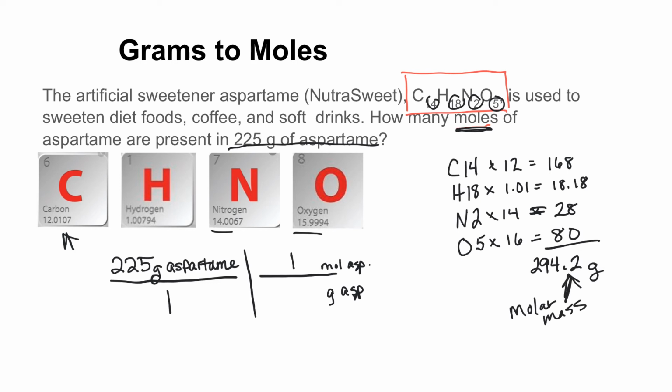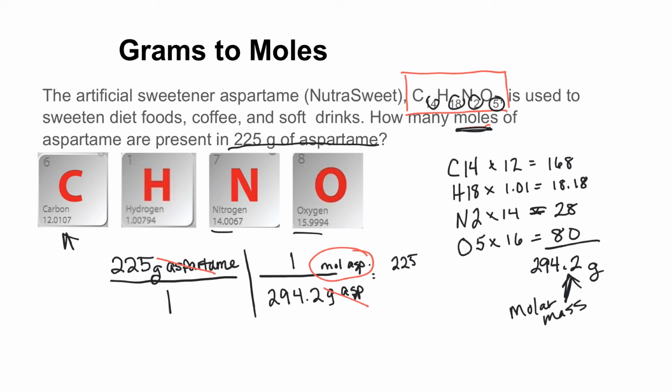Okay, so we know we have 294.2 grams per mole. So now all we have to do is multiply through. 225 times 1, so we have 225. Oh, let's do this first. Let's cancel grams of aspartame. So we know we're going to end up with moles of aspartame.